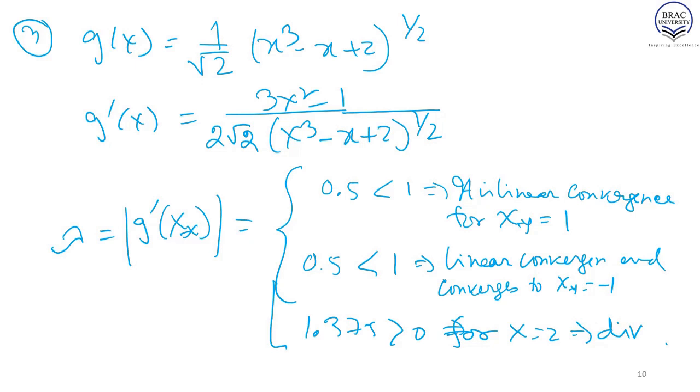For the second one, all are diverging but only one is converging, which is superlinear at x equal to 1. And for the third choice, we have one diverging and two linearly converging, not superlinear, converging to x equal to +1 and x equal to -1. So that is how we can test the convergence rate for different kinds of functions.